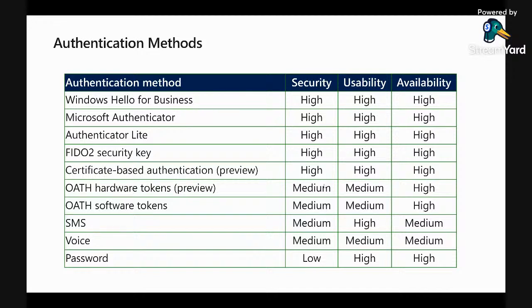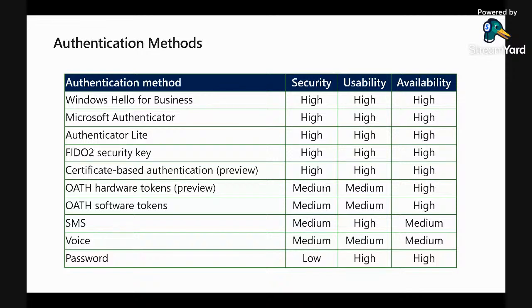Now, these are the authentication methods supported within the Azure environment. You have Windows Hello for Business. They all have their use cases. For instance, Windows Hello for Business is a method of authentication for devices, primarily Windows devices. It is highly secured. You have the Microsoft Authenticator, which is an app. It is also highly secured. You have the Microsoft Authenticator Lite, which also uses some form of application on your phone for authentication.